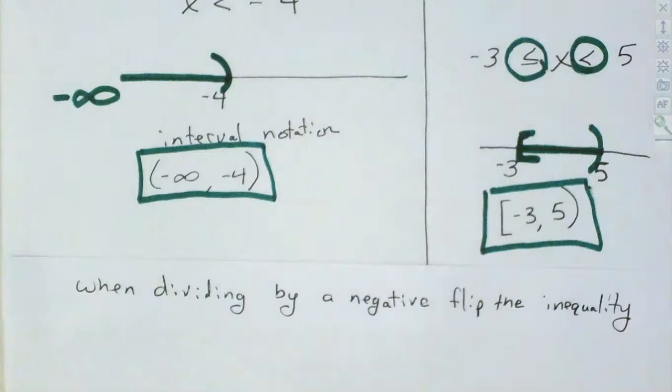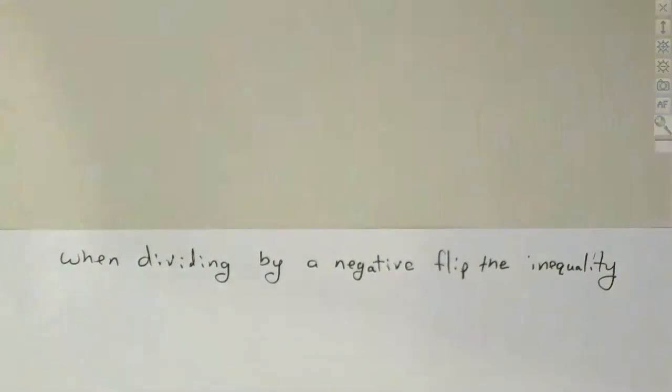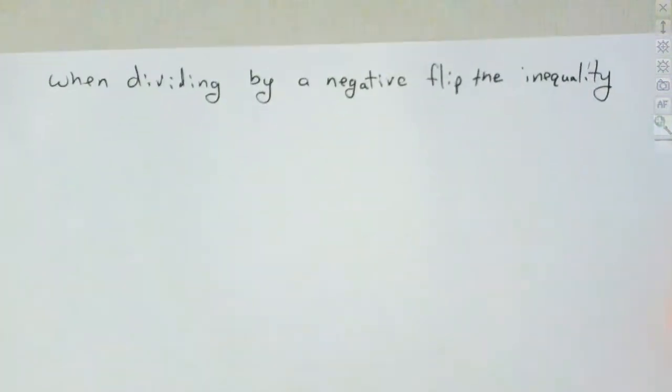So it's kind of like when we divide a negative by a negative, that makes it positive, right? That changed the sign. When we think about inequalities, the same thing applies. When we divide by a negative, we flip the sign. We also have to flip the inequality symbol. So whenever we divide by a negative number, we have to also flip that inequality sign around.